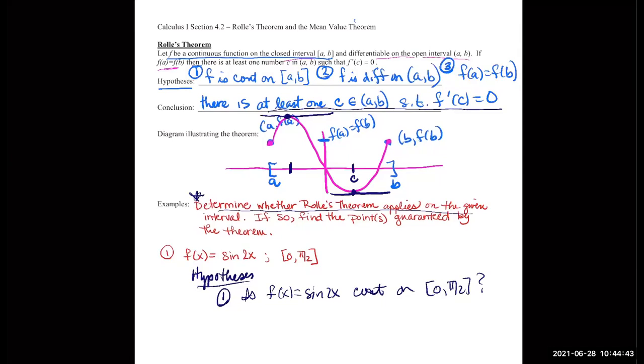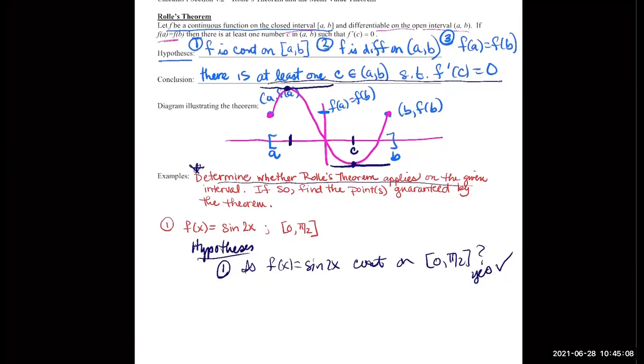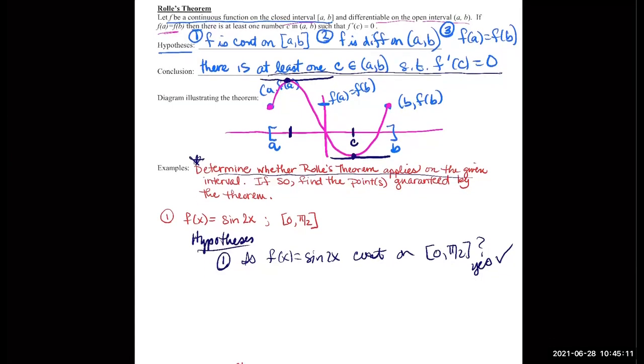Those trig functions were in our list back in section 2.6 or 2.4, 2.5, somewhere along there, the very first week of class. We had a list of functions that we could say are continuous, and sine was definitely on that list. Okay, so there's not a lot of work to show me there. You're just showing me that you checked. Because we know sine 2x is defined for all real numbers, so we know there's no problem.